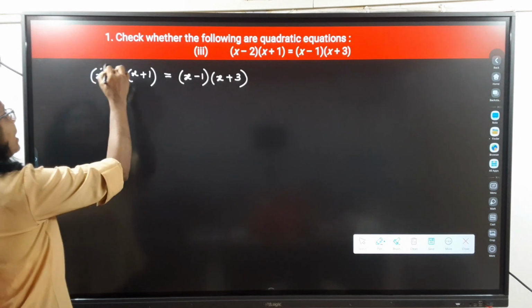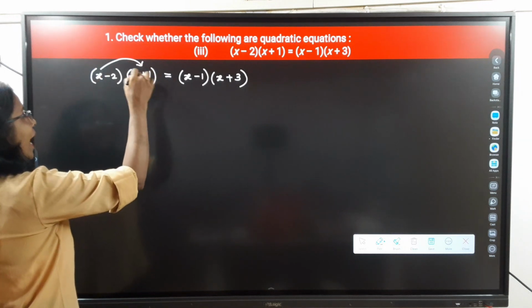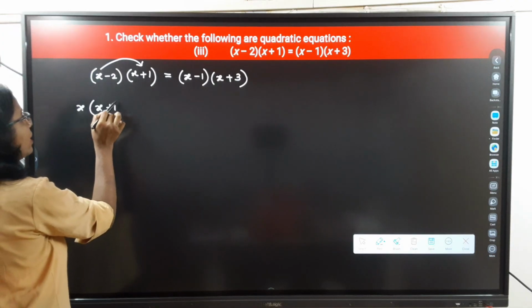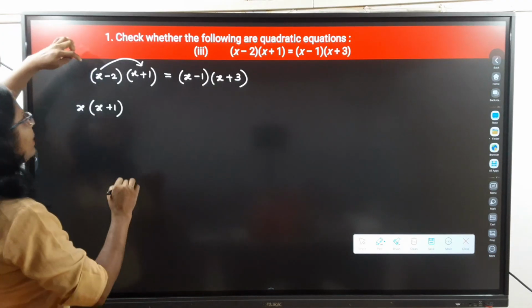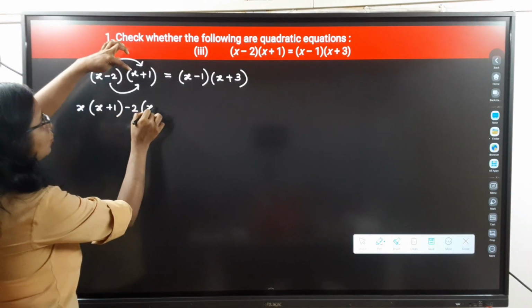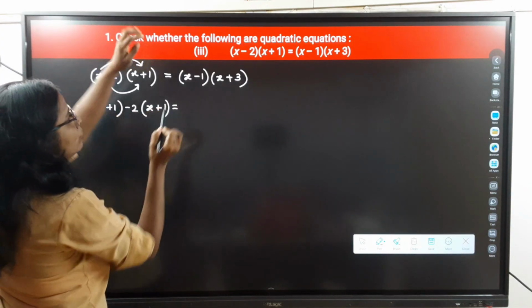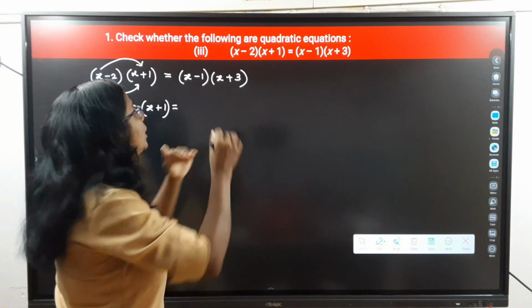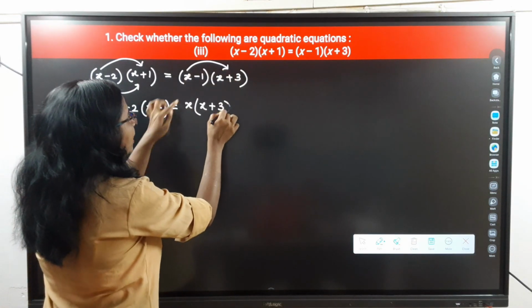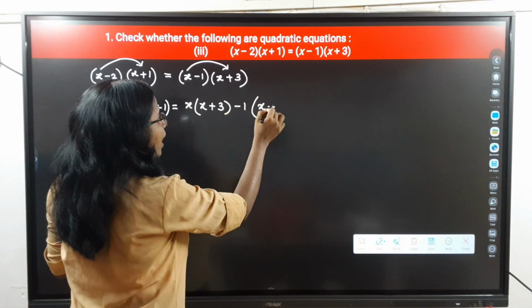So here I multiply this bracket by x, so x multiply (x plus 1). And here I multiply this bracket with minus 2, so minus 2 into (x plus 1), which is equal to, on the right side, the same thing: x multiply (x plus 3) minus 1 multiply (x plus 3).